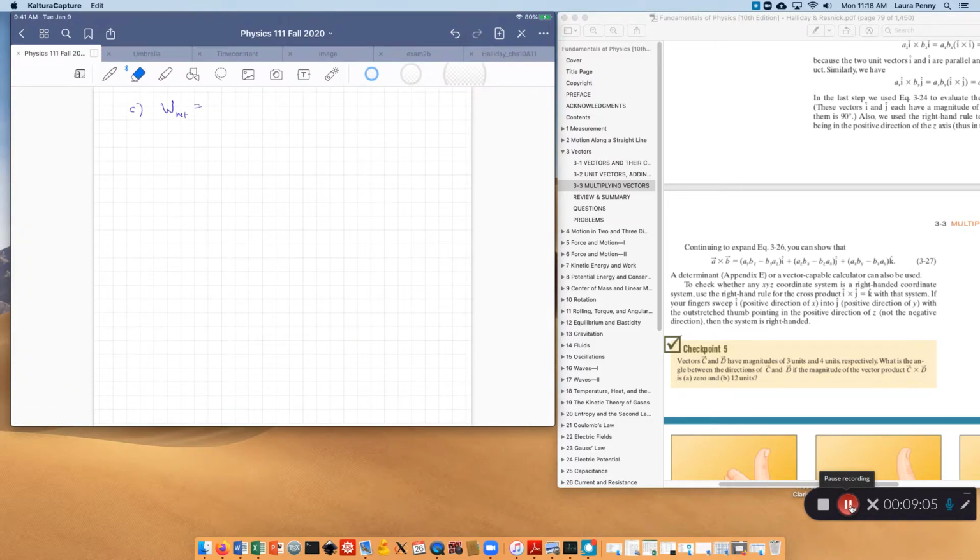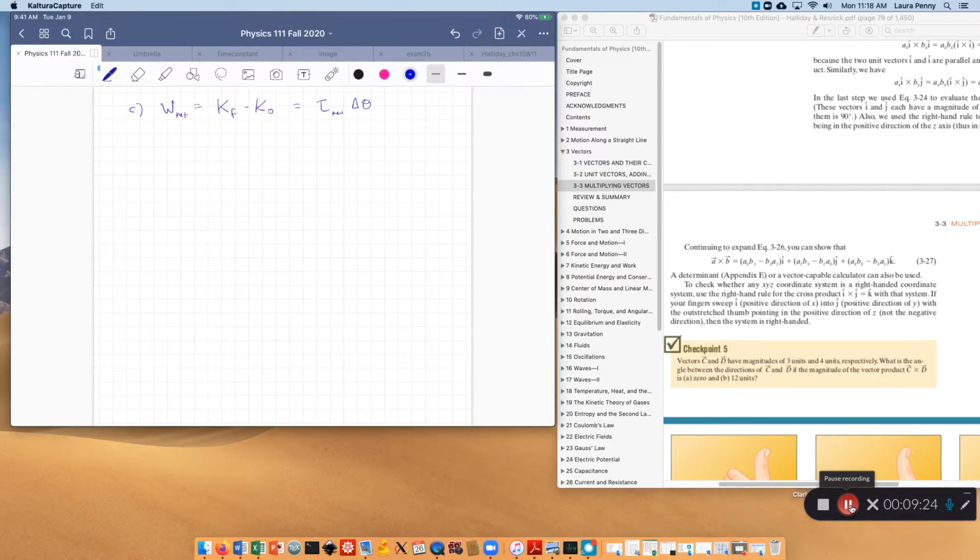So net work can be either final minus initial kinetic energy, or we could do it through the net torque and our delta theta.